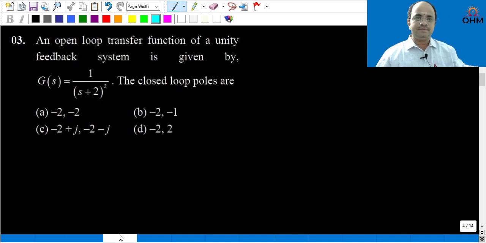Another question, an open loop transfer function of a unity feedback system is given by G(s) is equal to 1/(s+2)².